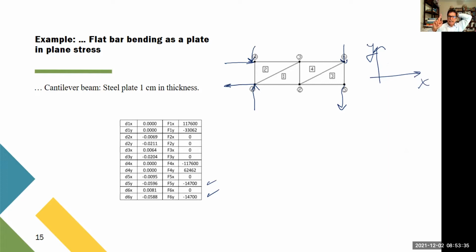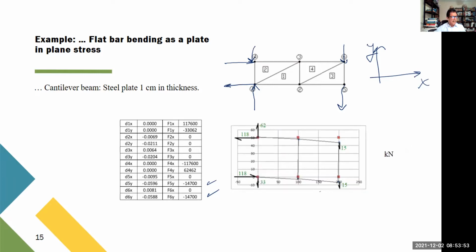There's one single system because all elements are located in the same plane. All flats are in the same XY plane. And then we can do the same as we did before. Okay, so we can interpret.